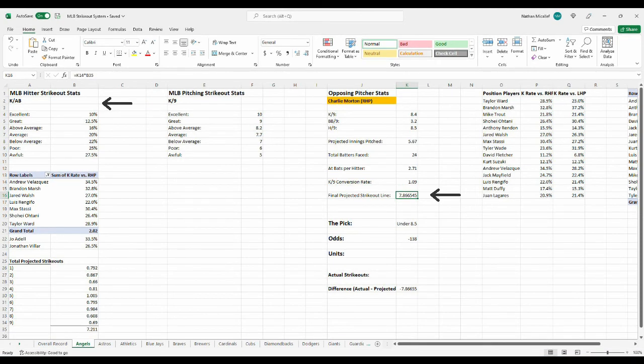The last formula that is relevant for this model is the final projected strikeout line. Now that we have all the stats in place and we understand the flow of everything and how it all works together, we can come up with a final projected strikeout line for that pitcher. If you take a look at the formula, all it is is cell K14, which is the K9 conversion rate.